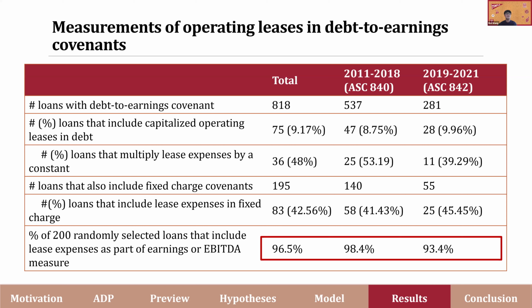And more importantly, we randomly inspected about 200 loans in our sample. Almost 100% of those contracts, like I said earlier, would not add back lease expenses to earnings, suggesting that lenders do want to use lease expenses, either when they design contracts or when they price loans.